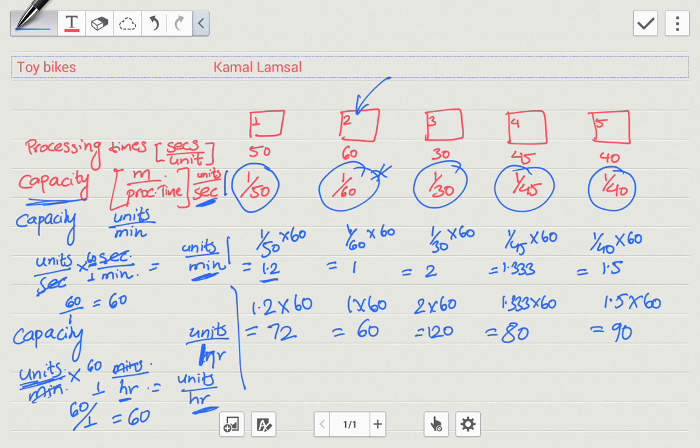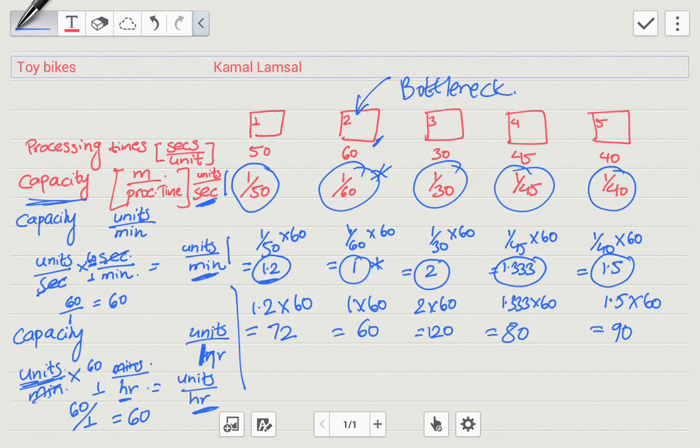That's why worker 2 is the bottleneck. Now let's look at units per minute, to see if that gives the same answer. The capacity is 1.2, 1, 2, 1.33, and 1.5. Among these 5 values, 1 is the smallest value, so worker 2 is the bottleneck.